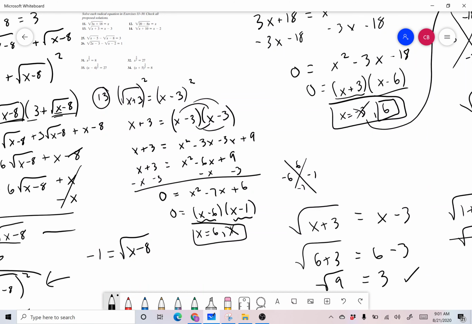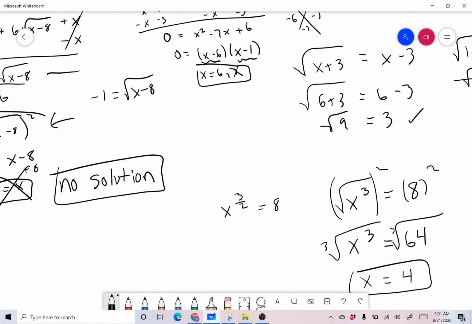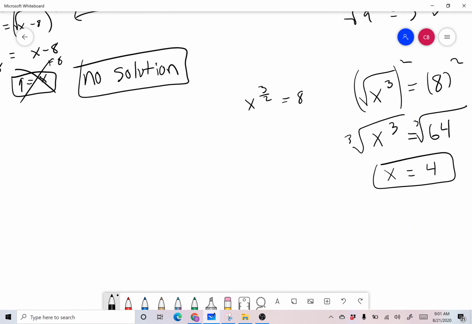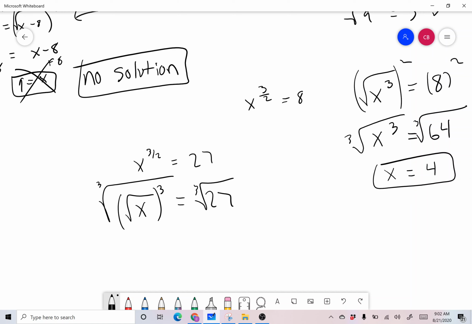Let's do x to the 3/2 is 27. x to the 3/2 is equal to 27. So this is the square root of x to the third power is equal to 27. So we take the third root. The square root of x is equal to the third root of 27.